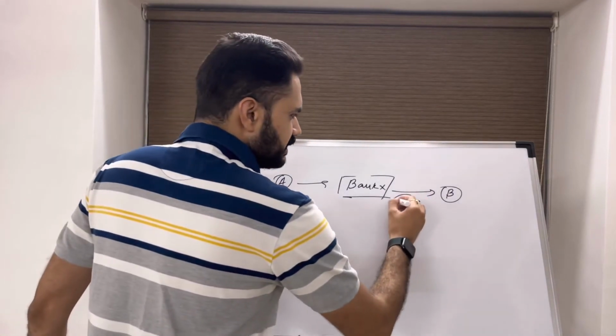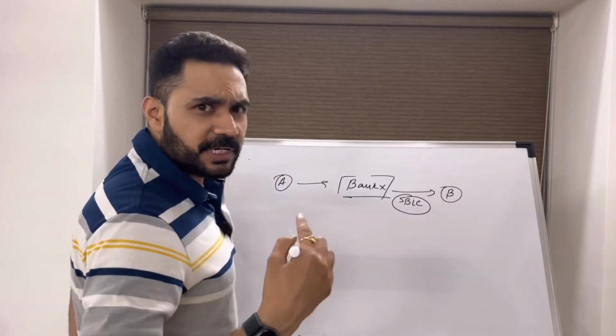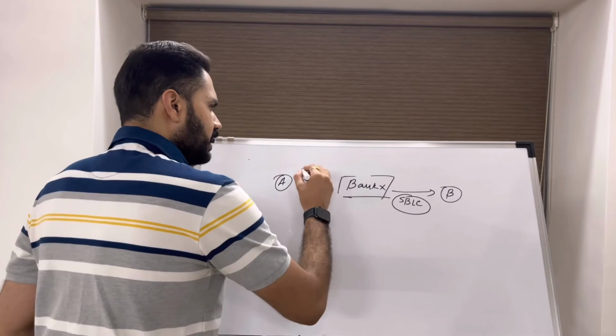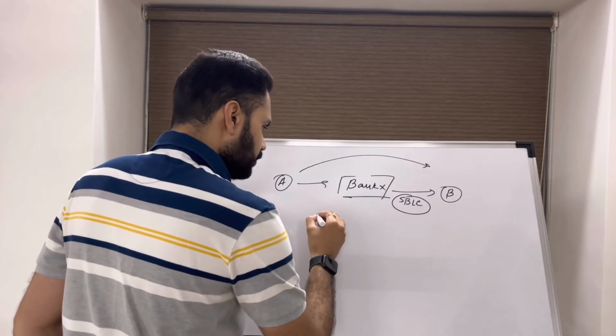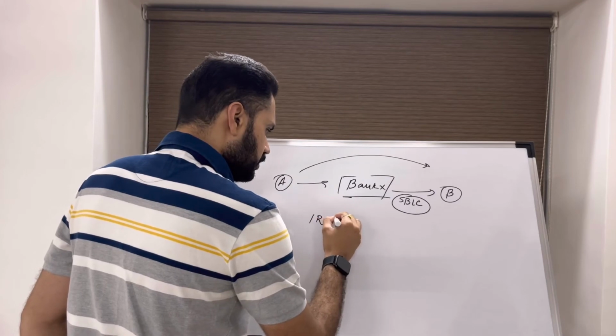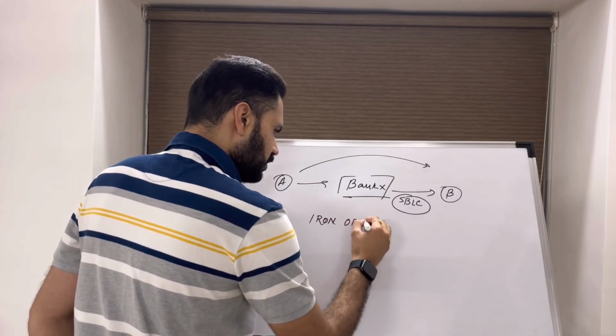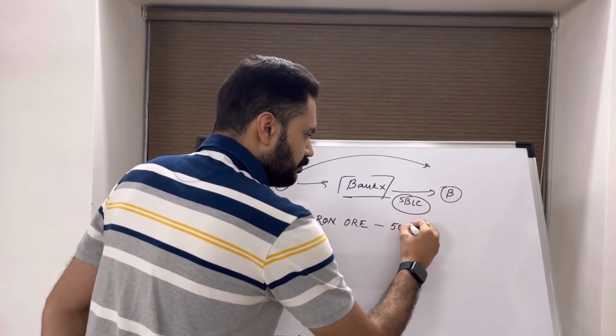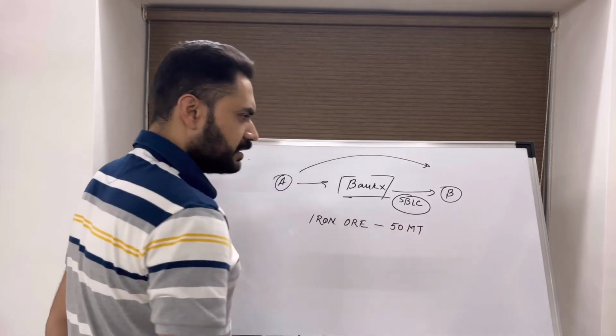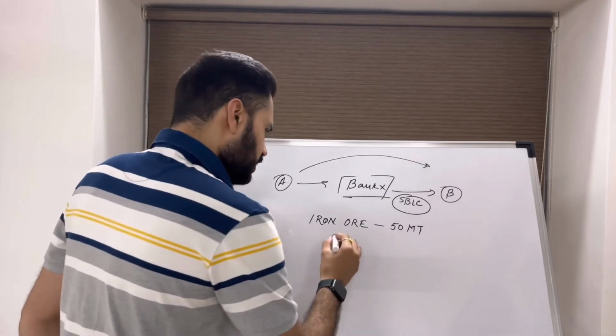This SBLC is covering a continuous kind of obligation wherein the applicant will keep on supplying, for example, iron ore. This will be 50 metric tons of iron ore, for example.